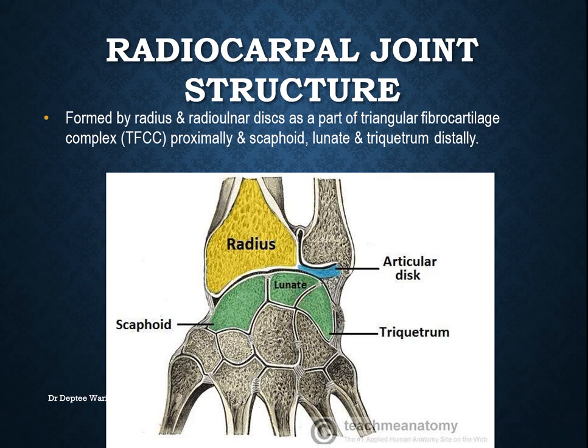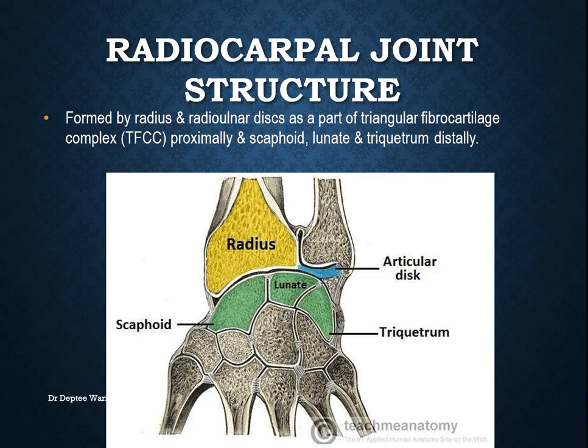Now, let us first start with the radiocarpal joint structure. The radiocarpal joint is formed by the radius and radioulnar disc as a part of the triangular fibrocartilaginous complex, which we all call TFCC, proximally, and by the scaphoid, lunate, and triquetrum distally, which you could see in this diagram.